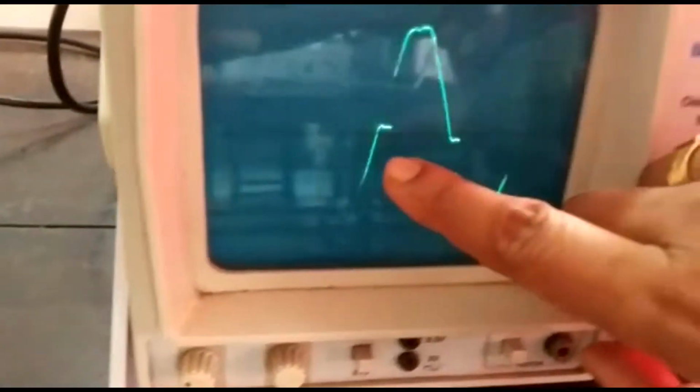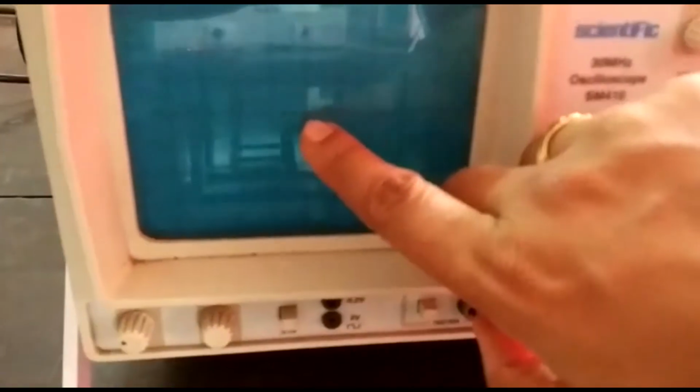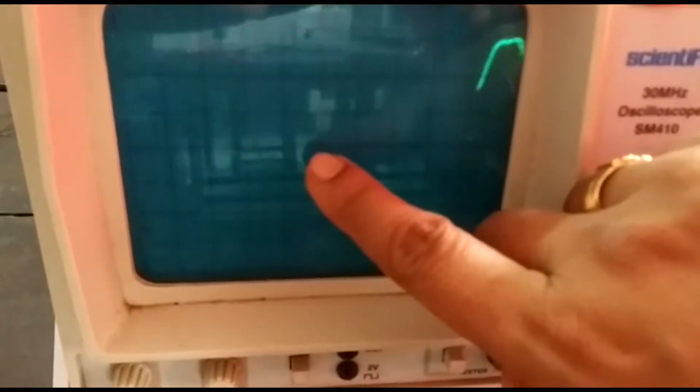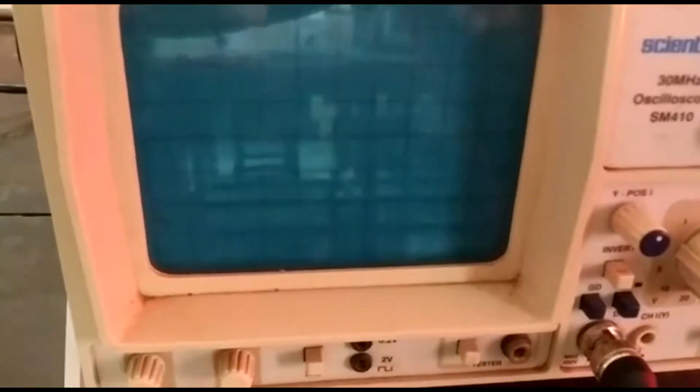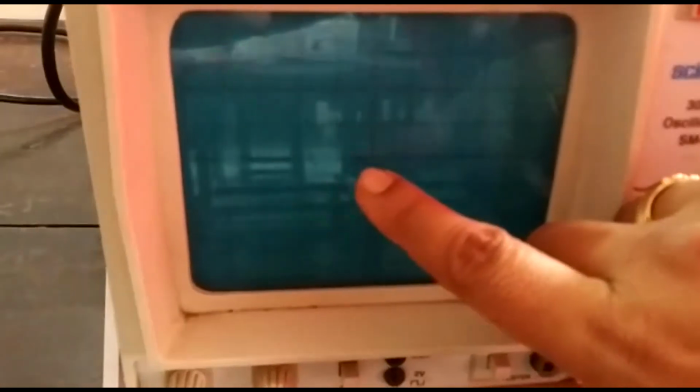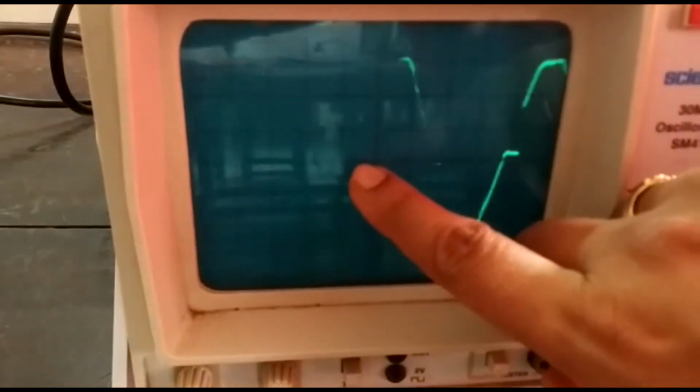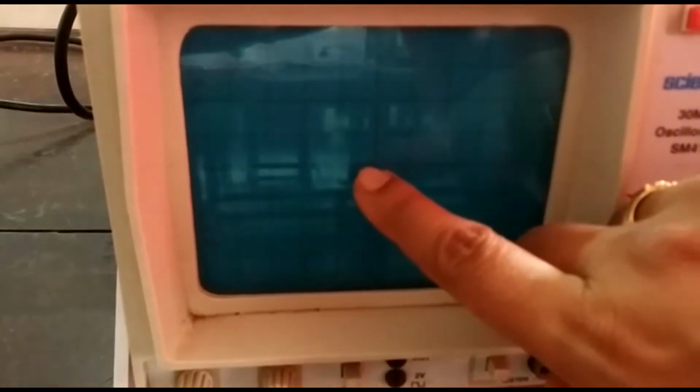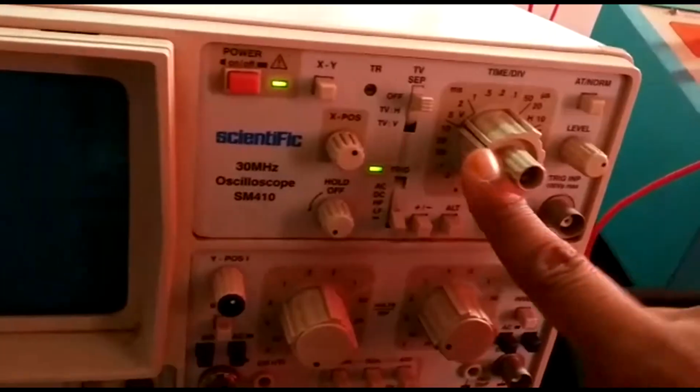You can observe here the triac is not conducting for 0.4 units. So, 0.4 into 5 milliseconds you have to consider.